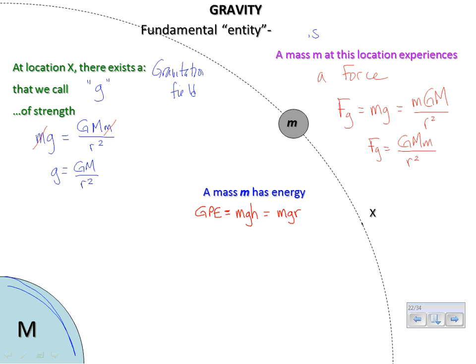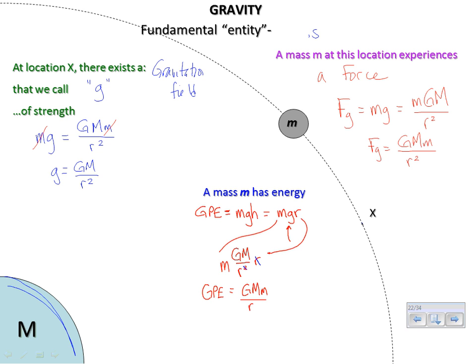All right, so we can expand this a little. Again, if we use our expression for g, so I'll keep this m. Here's my expression for g, G big M over r squared, and here's that little r. So we say that GPE equals G big M little m, and I get to get rid of one of those factors of r.